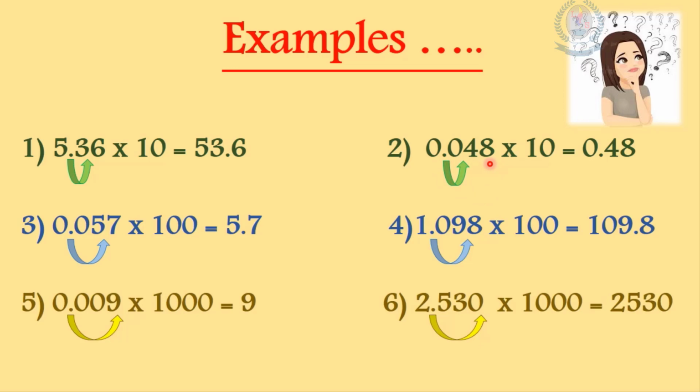That means in decimal multiplication, if we have to multiply by 10, we have to move the decimal place to right hand side by one digit. Now this decimal place is in between these two zeros. So when we are moving this decimal place to right hand side by one digit, it has come in between 0 and 4. Then the answer is 0.48.